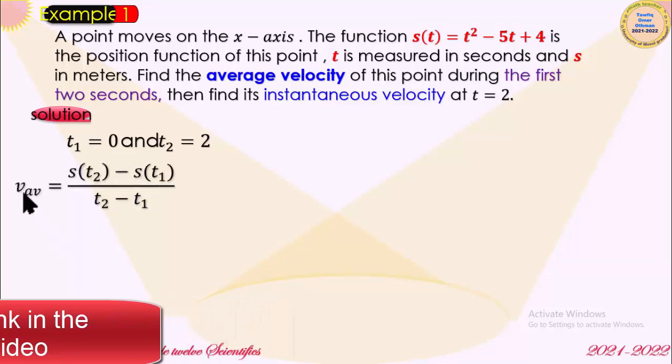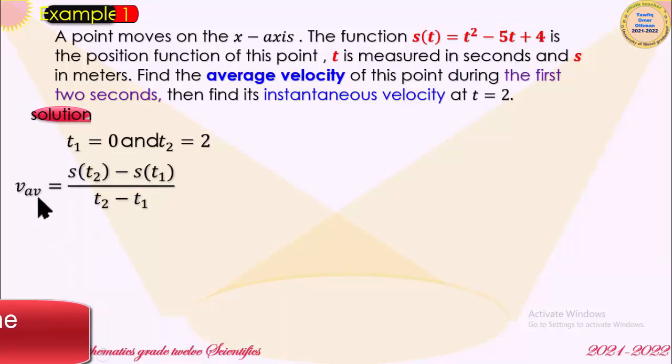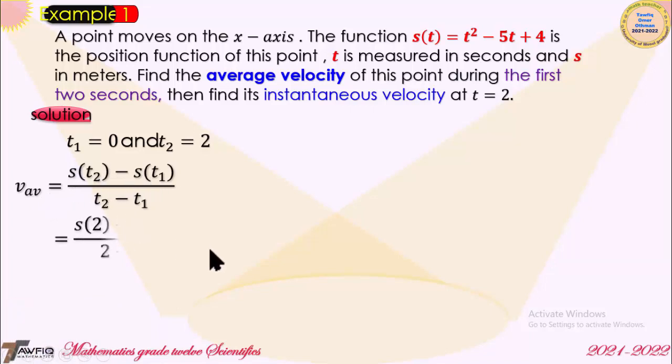Then the average velocity is equal to (s(t2) - s(t1)) / (t2 - t1), which equals (s(2) - s(0)) / (2 - 0).